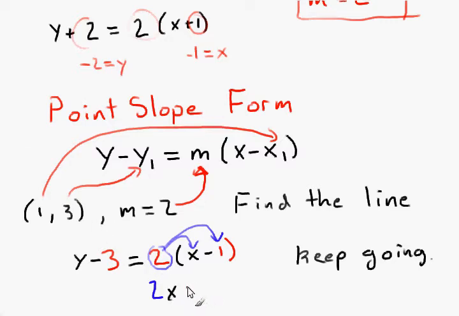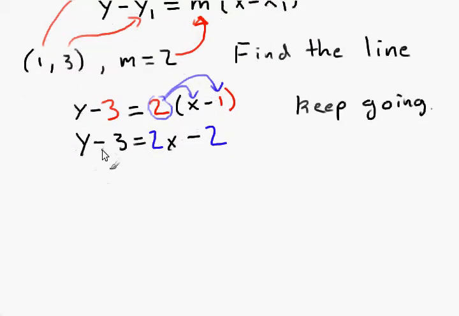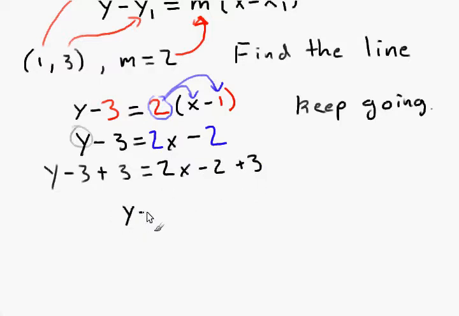Then we're going to subtract from that 2 times 1, so that's 2, and it'll still be equal to y minus 3. I want to get y by itself, so I'm going to add 3 to this side. And I'll add 3 to that side, and I'll be left with y is equal to 2x plus 1.